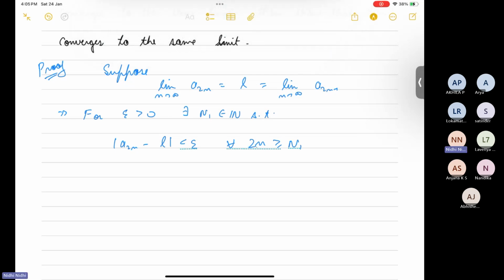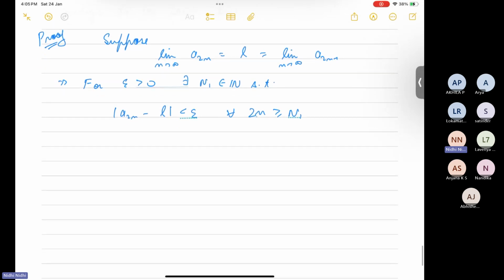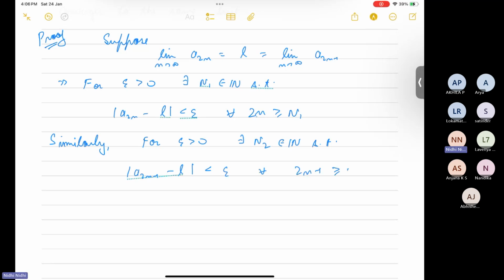2n is greater than or equal to n1. And similarly for 2n minus 1, for the same epsilon positive, I'm taking the same epsilon, there exists n2 in N such that mod of a_{2n-1} minus l is less than epsilon for all 2n minus 1 greater than or equal to n2.